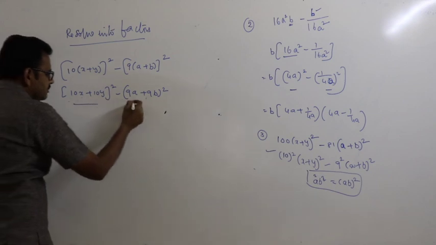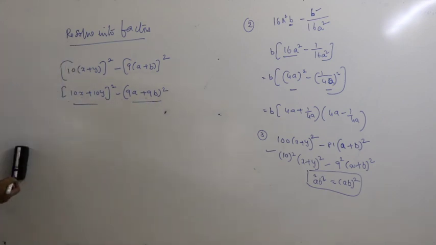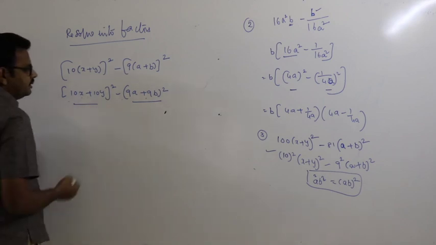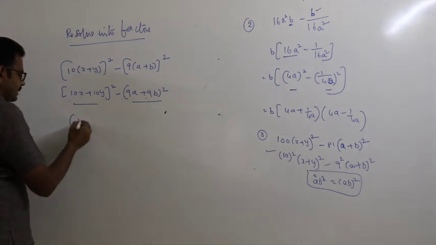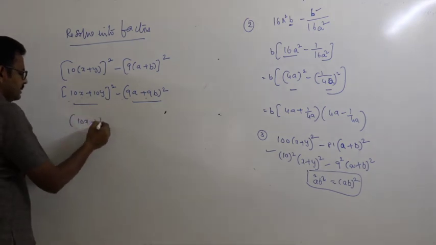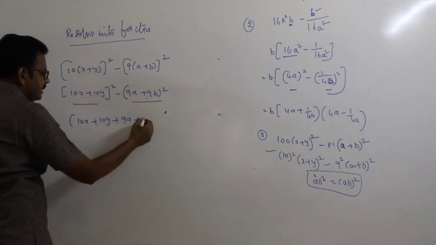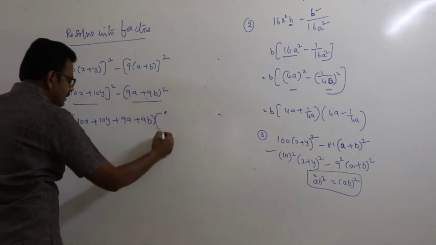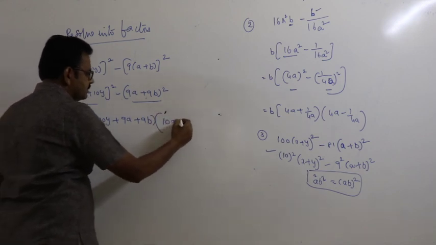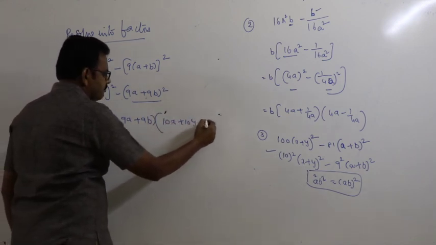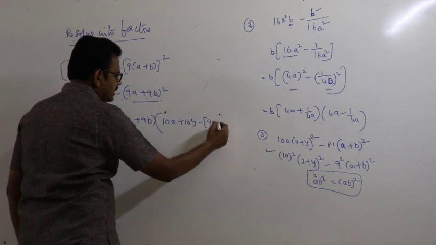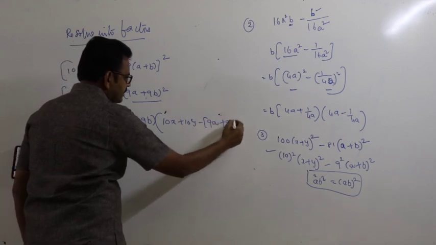Again this is a square minus b square form, a plus b into a minus b. 10x plus 10y plus 9a plus 9b into 10x plus 10y minus of 9a plus 9b.